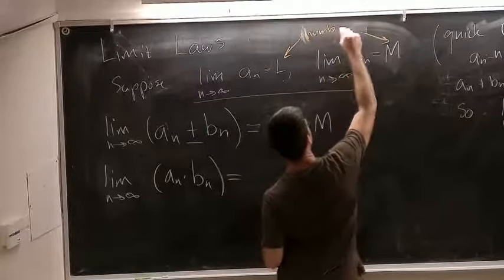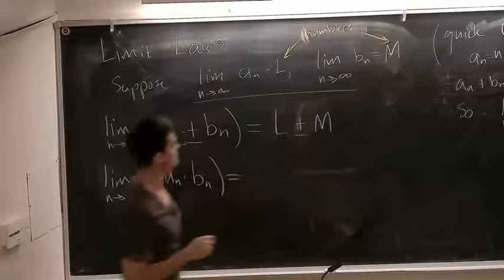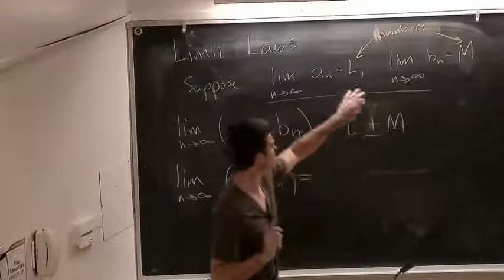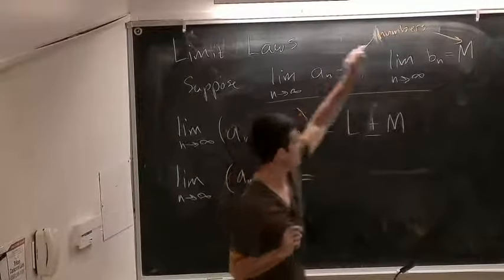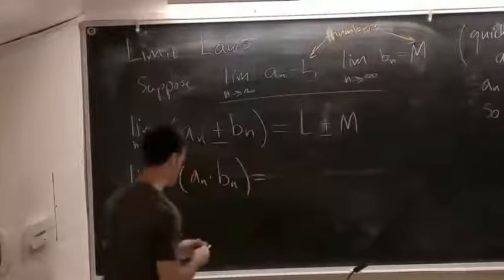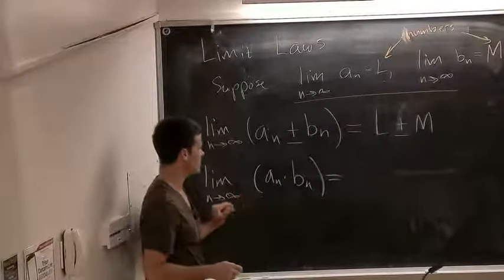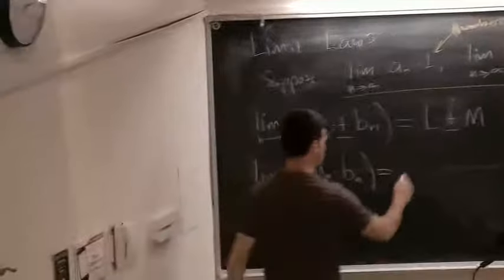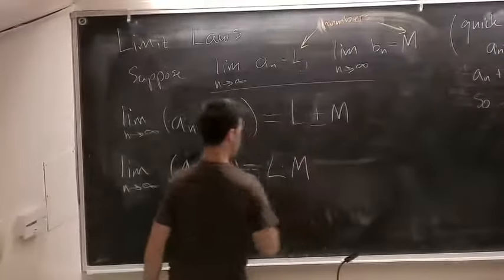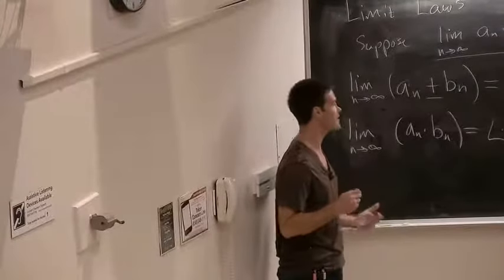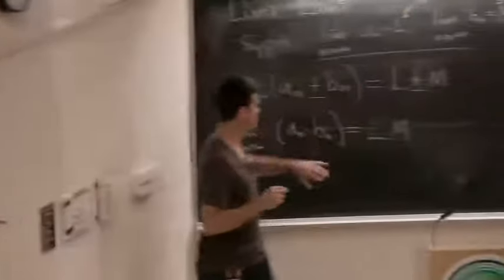When the two sequences both converge, this converges to this number, this converges to that number, then we can also interchange the limit with the product. So this is L times M, just what we hoped we could do, and as long as they both converge, you're allowed to do it.